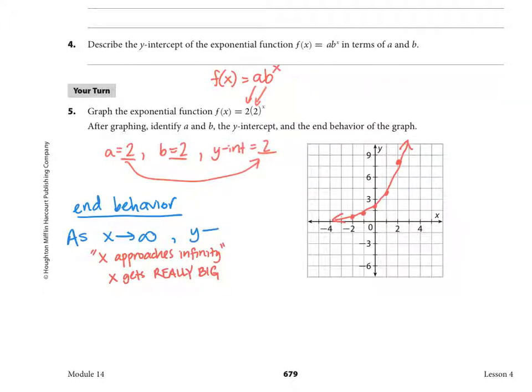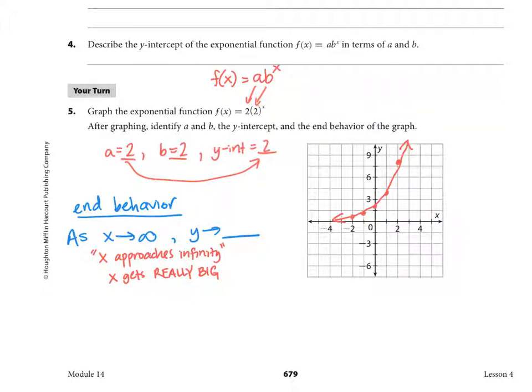That's what we got to figure out. And if you don't want to think in terms of x and y, think input output. As our input gets really big, remember I only used input of 1 and input of 2. What happens to the output?